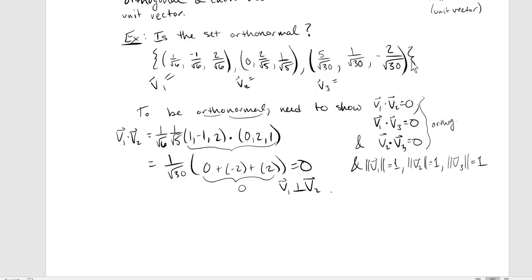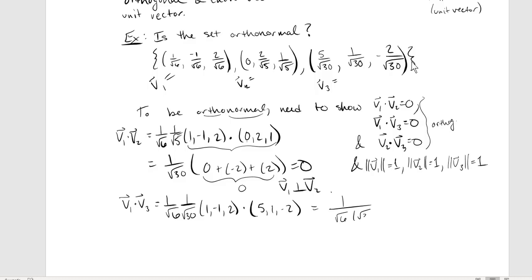And now we go down the list and try to confirm these other ones also hold, that the other pairs are also orthogonal. What about V1 and V3? I'll pull the same trick. I'll pull those scalars that are easy to pull out and bring them out front of the dot product. For V3, I'll pull out that 1 over root 30. And I'm just dotting the vectors, keeping that scalar stuff out front.